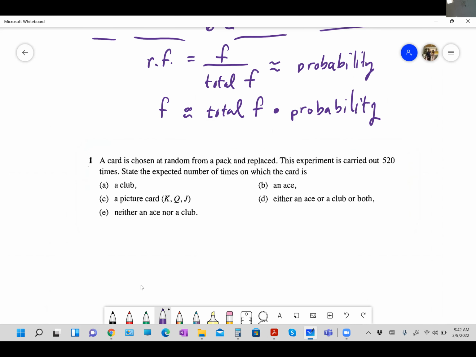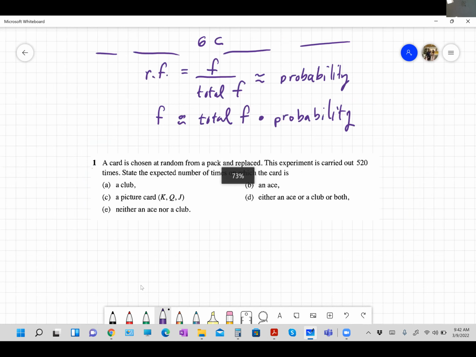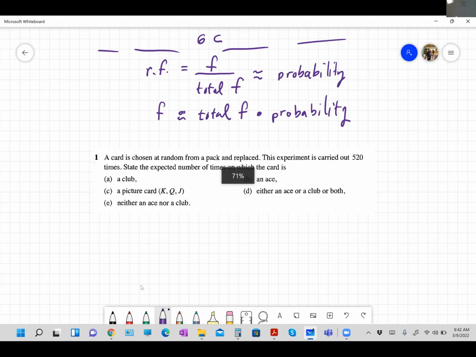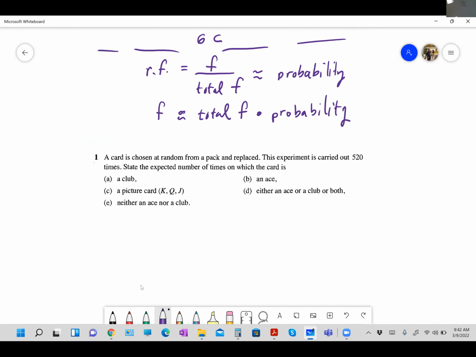It says there are cards chosen at random from a pack and replaced. So are we putting it back in the stack? That's what replaced means. The experiment is carried out 520 times. State the expected number of times on which the card is a club.